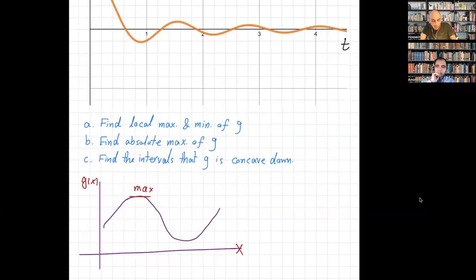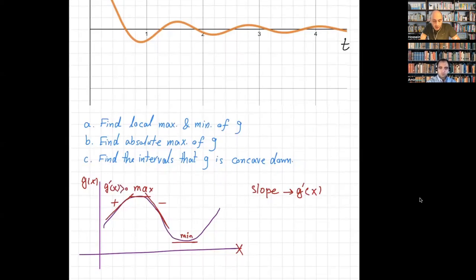The maximum happens when the slope of g of x changes from a positive slope to a negative slope. So then, yeah, it's g prime. g prime is positive. We know that the slope of the tangent is the same as the first derivative. And so in the first branch, g prime of x is greater than 0.